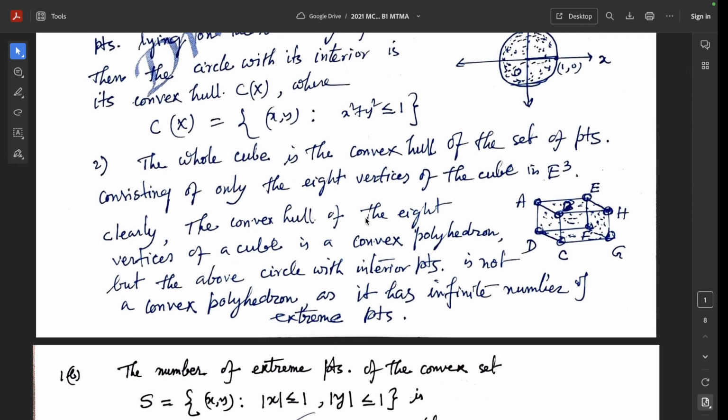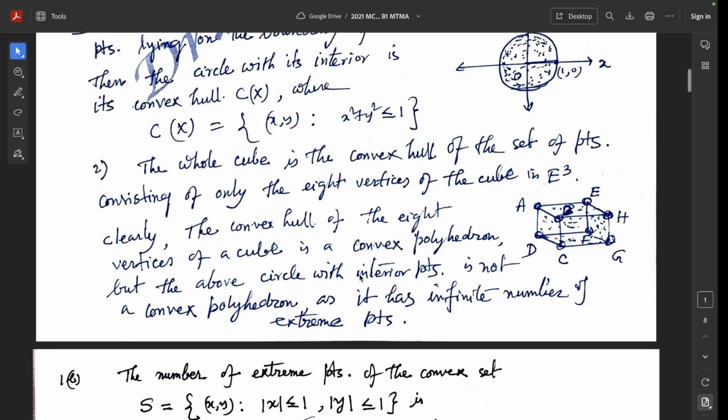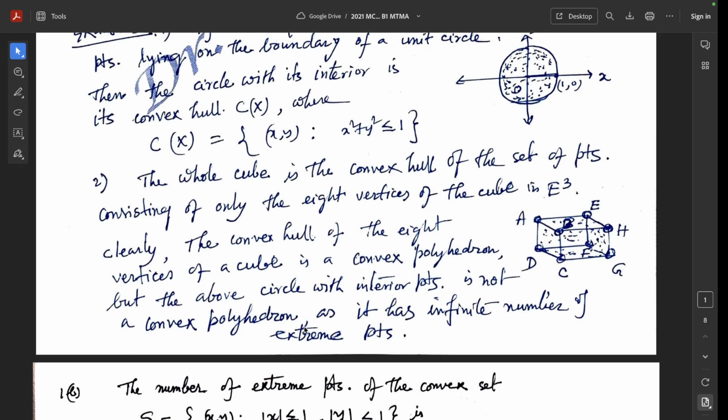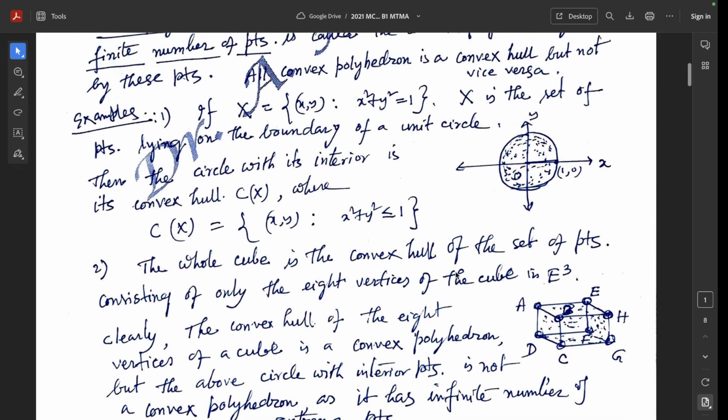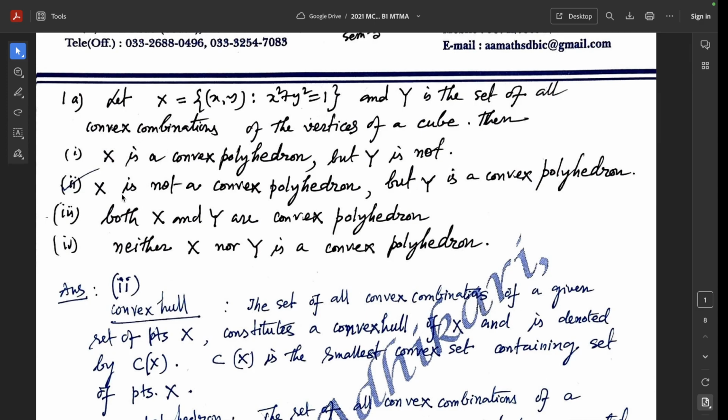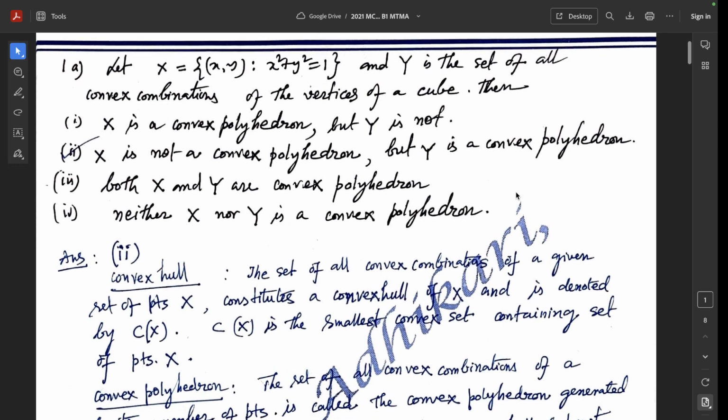Clearly, the convex hull of the 8 vertices of the cube is a convex polyhedron. But the above circle with interior points is not a convex polyhedron, as it has an infinite number of extreme points. So the correct option is: capital X is not a convex polyhedron, but capital Y is a convex polyhedron.